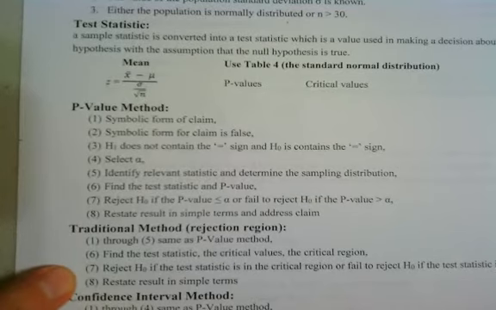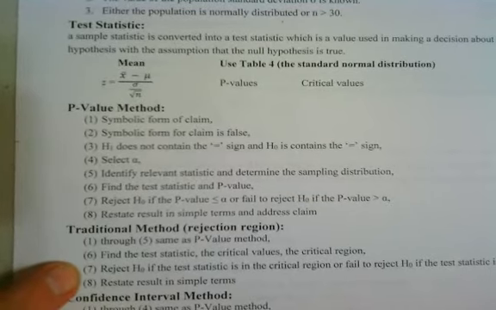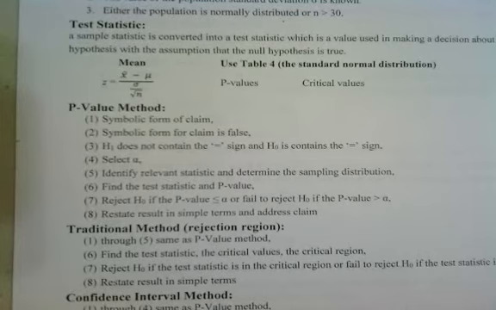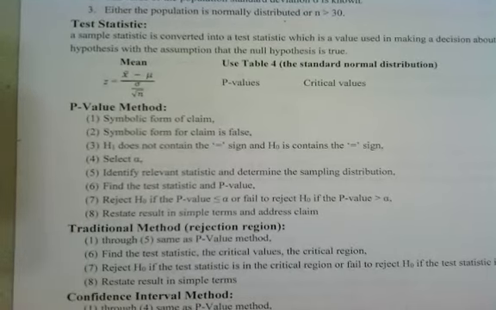Then, just like up here, we get to our comparison step. We reject H0 if the test statistic is in the critical region. And we'll show you an example of that in just a moment. We will fail to reject H0 if the test statistic is not in that critical region. And then just like step 8, we're going to restate the result in simple terms.